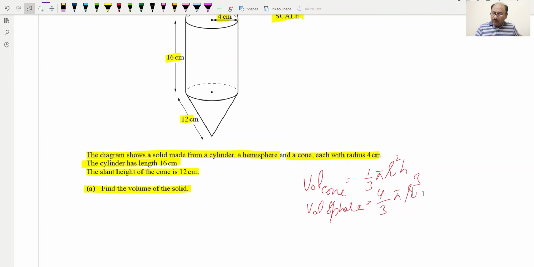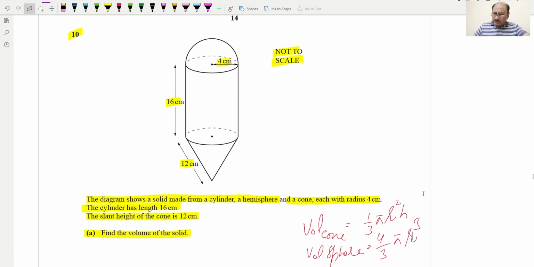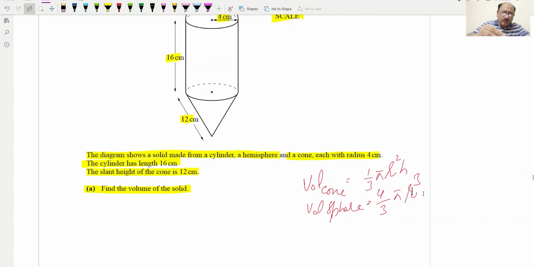So first of all, we will go for volume of sphere. We can find first, that is 4 by 3 pi r cube.